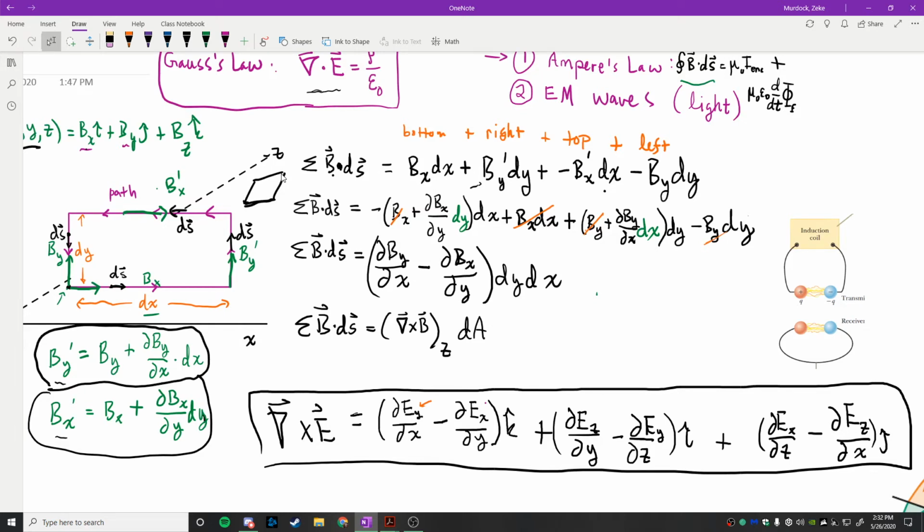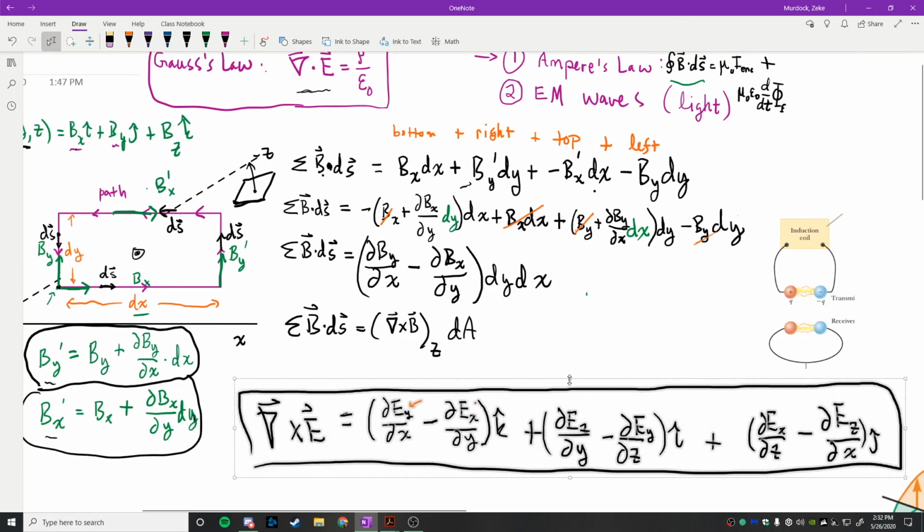Really, this should be flat, but that would be a loop. This would give you a curl component that would go up this way, whereas for us here, our curl component basically ended up coming out of the page. Okay, so we get the z component of the curl, right? I guess I'll leave that there.